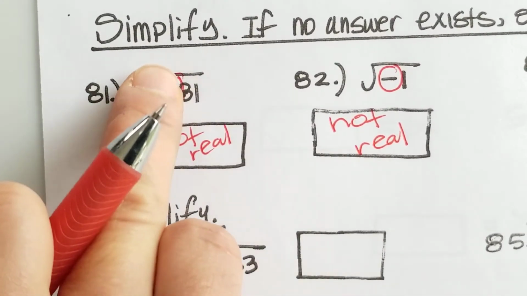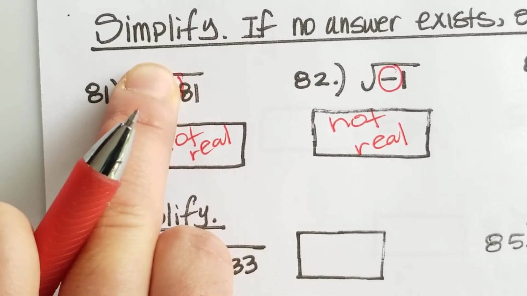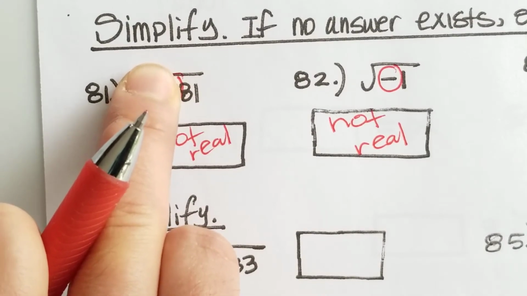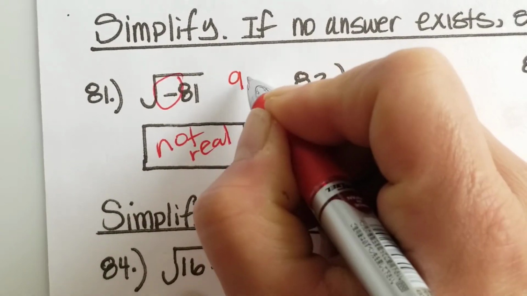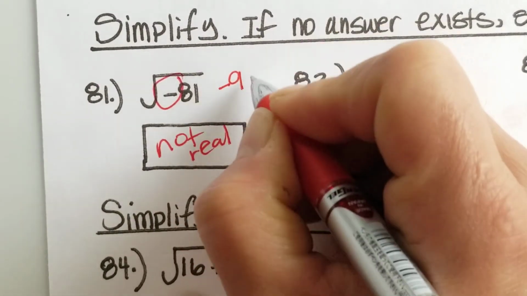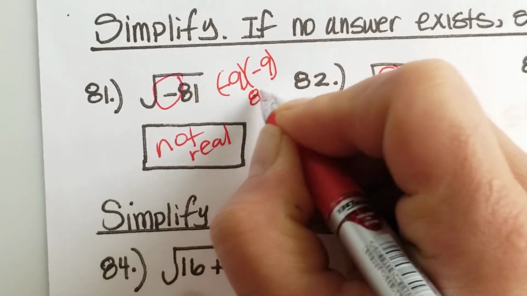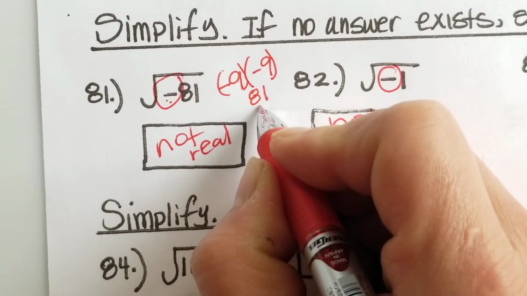We know that the square root of 81 is a 9, right? So the square root of 81 is 9. And that's a positive 9. But if you have negative 9 times negative 9, you get a positive 81. And that negative 81 doesn't equal 81.